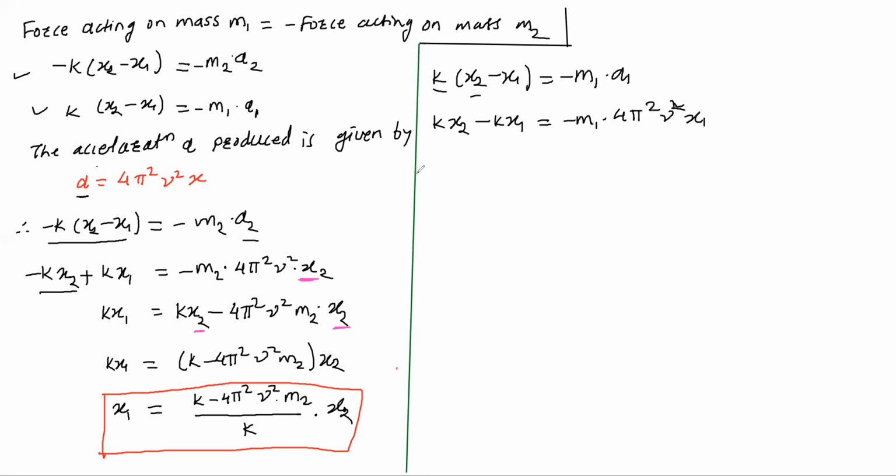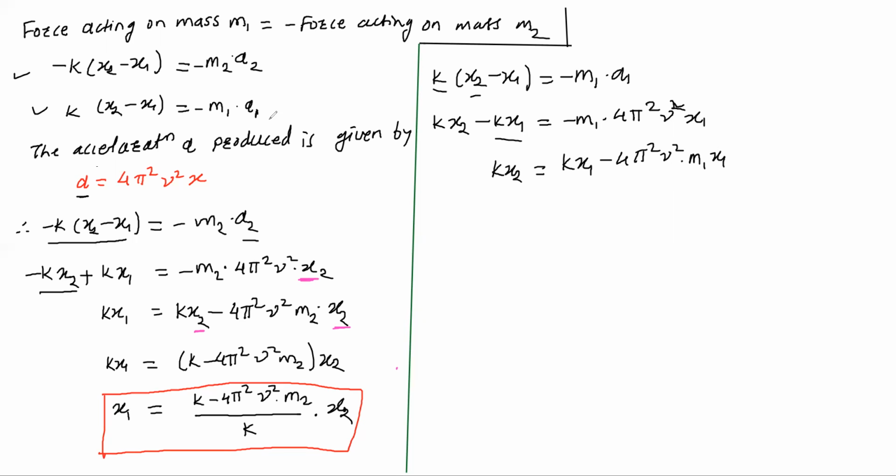Now here we have to find out, we know the value of x1. Just shift the negative terms to the right hand side of the equation, so the equation will be k x2 is equal to, after shifting it is positive k x1, then the rest of the term as it is, 4 pi square nu square times m1 x1 here.